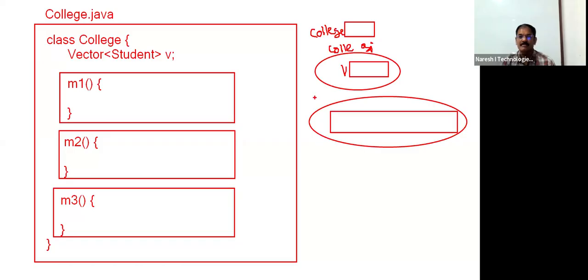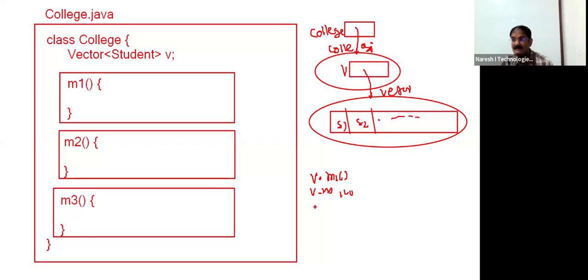V is pointing to the Vector object and the college variable is pointing to the College object. When I call v.method1 for adding student object 1, again I call v.method1 for storing the second student object. Like this, I am storing multiple students.